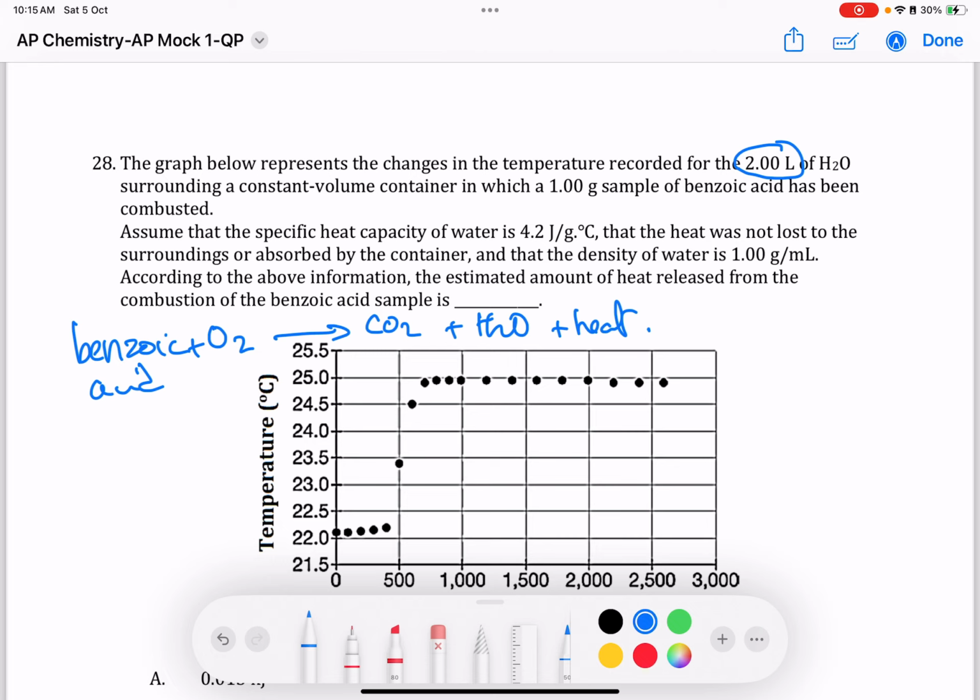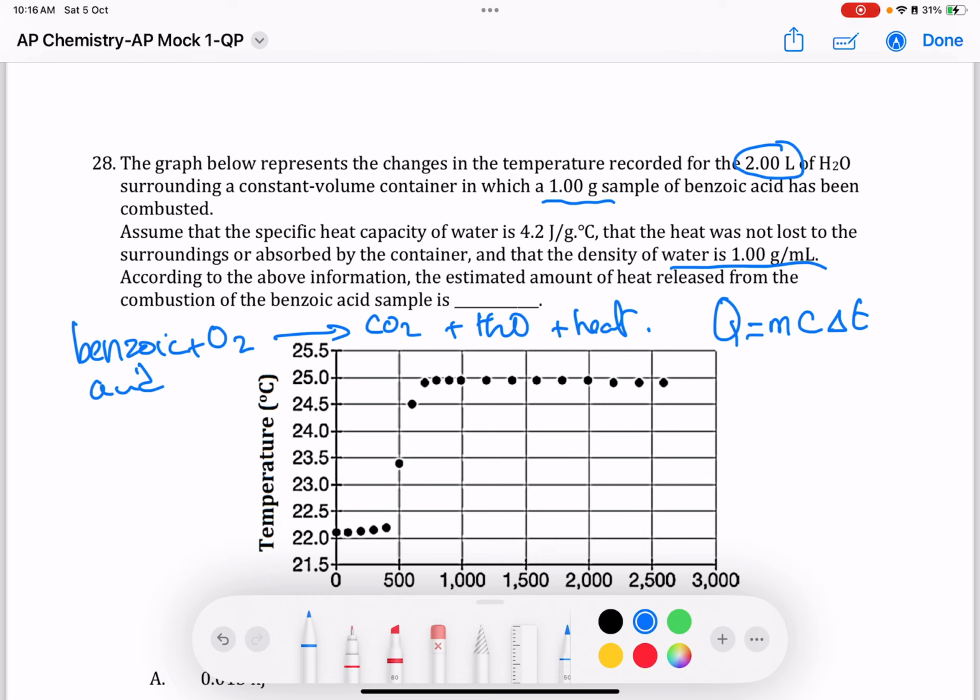With this variation of temperature, we can know how much energy was released by this combustion of this 1 gram sample of benzoic acid. The specific heat capacity of water is 4.2 and heat was not lost, so the calorimeter is perfectly sealed. And the density of water is 1 gram per milliliter. So we use the density to find the mass of water, because in the formula of heat, it is MCΔT.